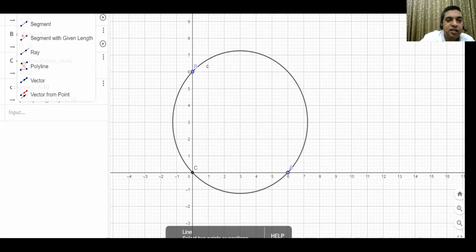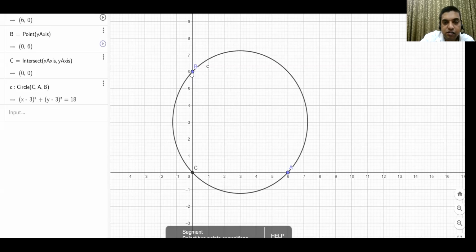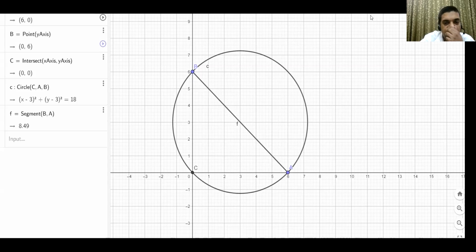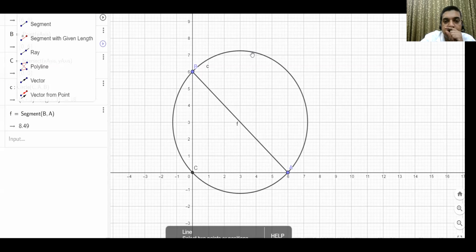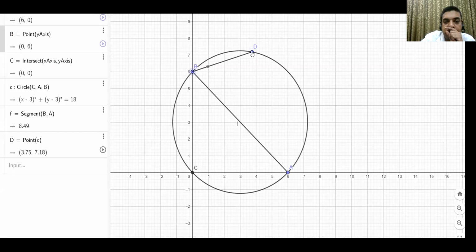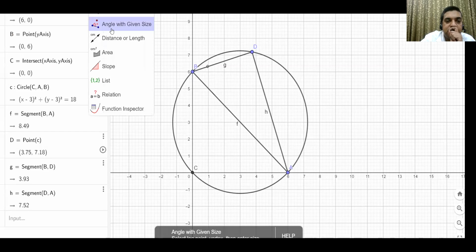This is the diameter. All right. Now any point on this circle, this point is a moving point, let's say, always this angle will be 90 degrees.